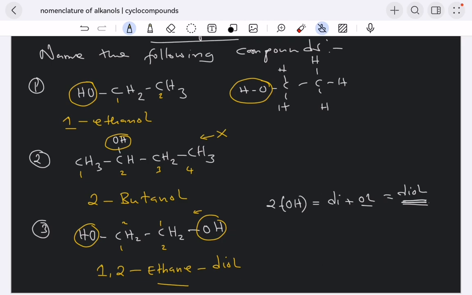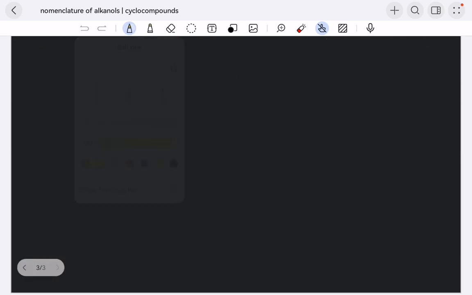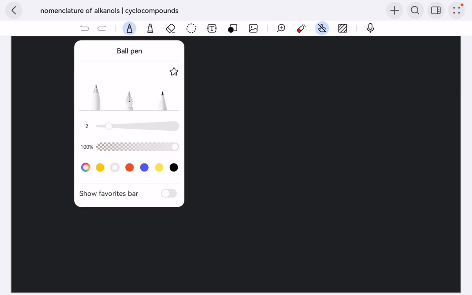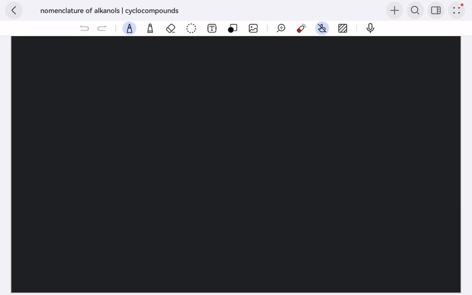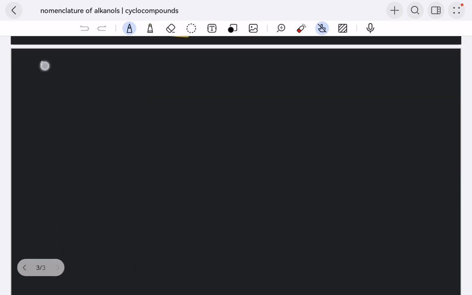Let's look at an example where we are given 3 of those. So this was 3. Let's look at 4.